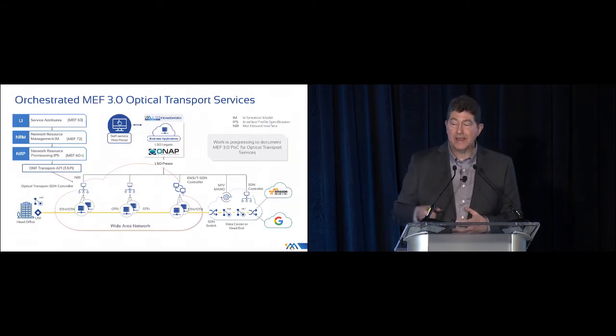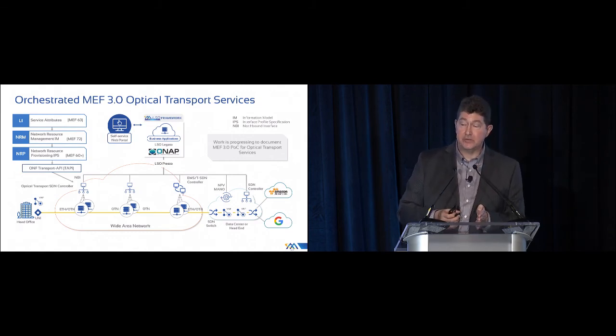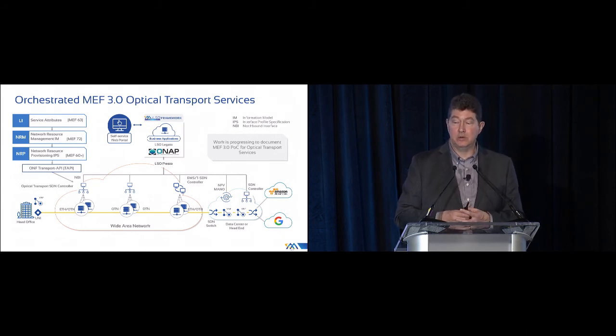So this picture tries to tie together the different specs with the services effort and the LSO effort. Starting in the upper left there, we have our MEF 63 service attributes document, which was then used as the basis for the UML constructs in MEF 72 in the network resource management information model, which was used initially for network resource provisioning, NRP, which needs to be updated to include the Layer 1.